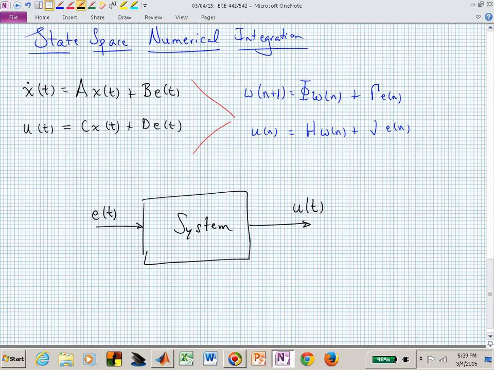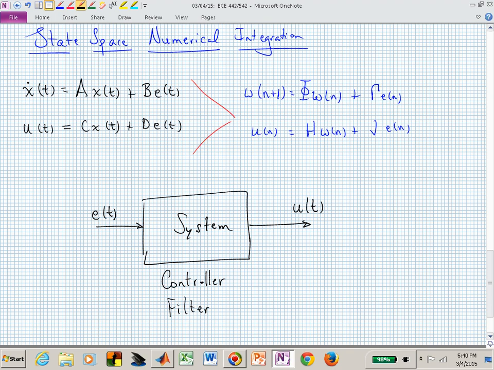But beyond that U, which is the output of this system description, the input is maybe an error signal, E. This could represent our controller, this system. This might be a controller or a filter, it's not being preceded by a zero-order hold when we move it into a discrete time representation.